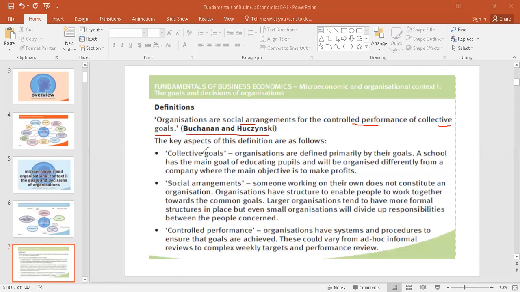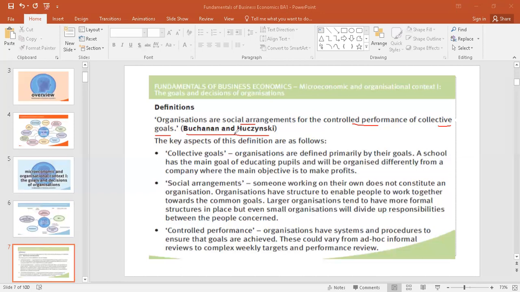Collective goals, why? Because it is not taken up by one individual, but by a group of people coming together, a social arrangement. When they come together, all of them claim to have only one goal, that is a collective goal, and to achieve that, all of them together perform.